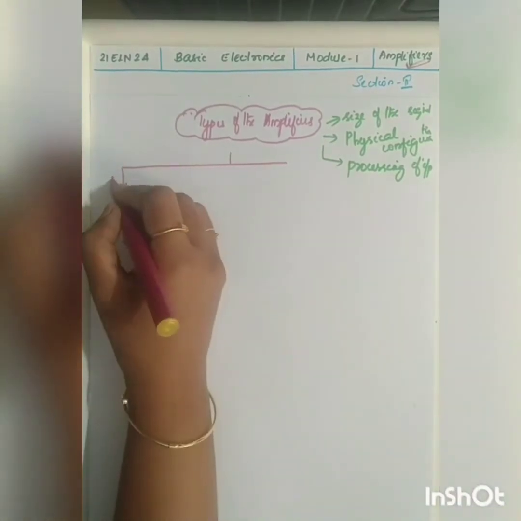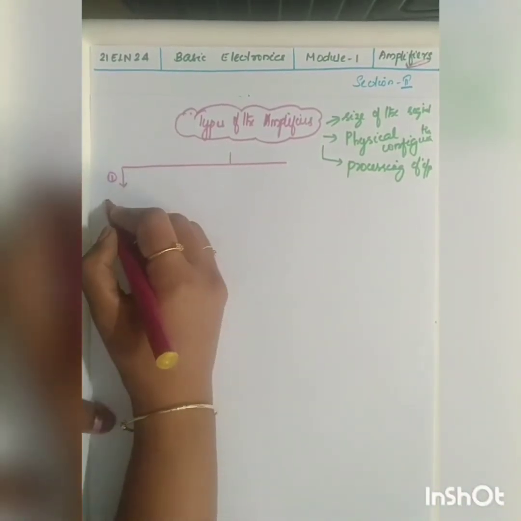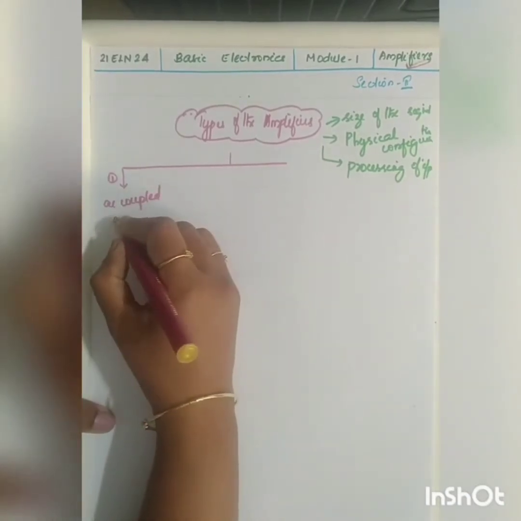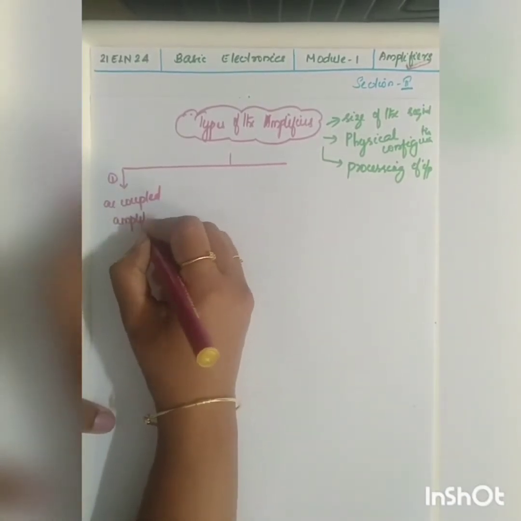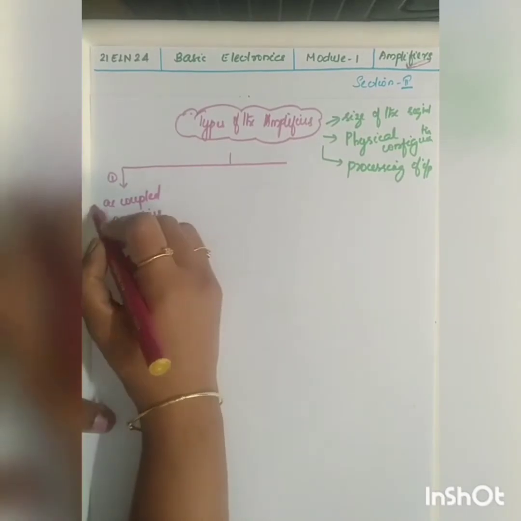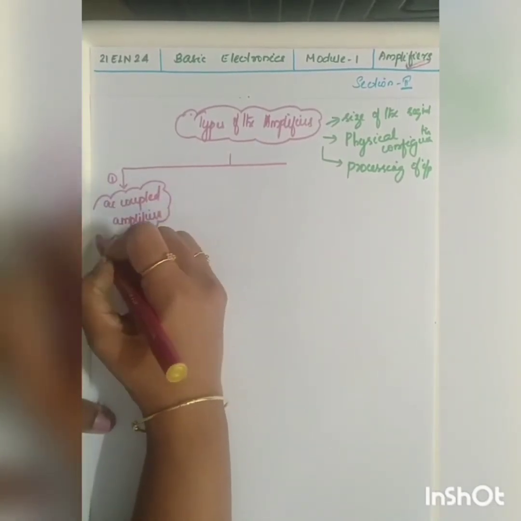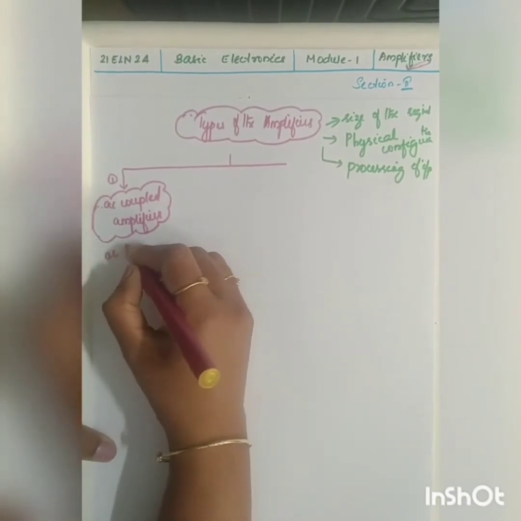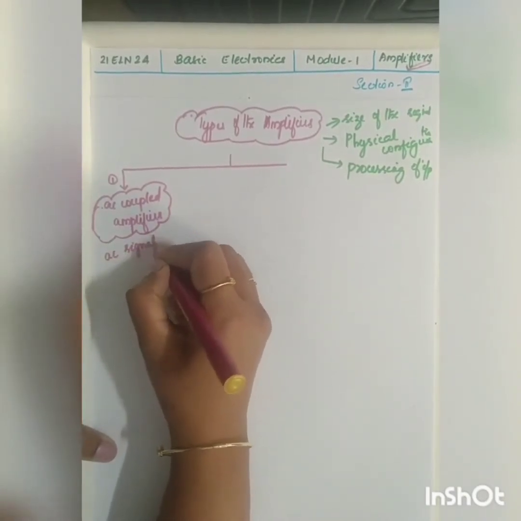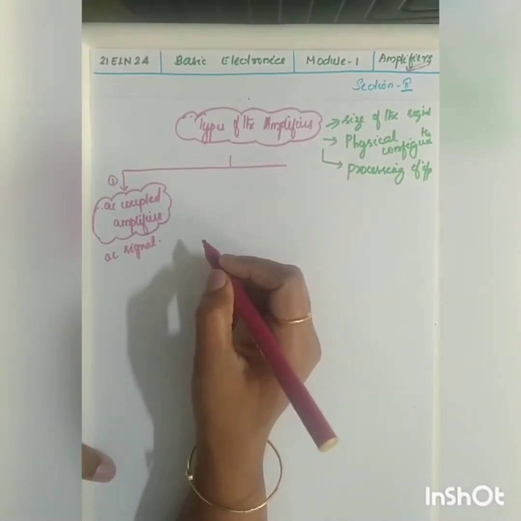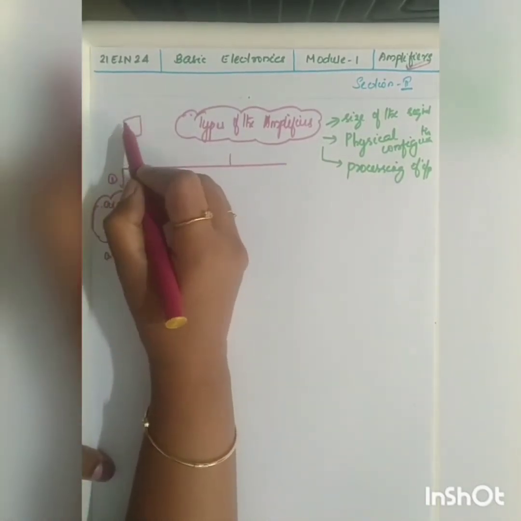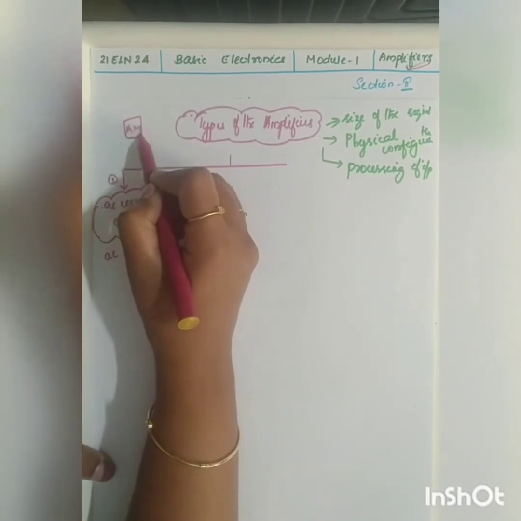Based on these properties, we are studying 8 different types. The first type is called AC coupled amplifiers. What is meant by AC coupled amplifiers? Amplifiers which amplify only the AC signal. Imagine you have an amplifier.